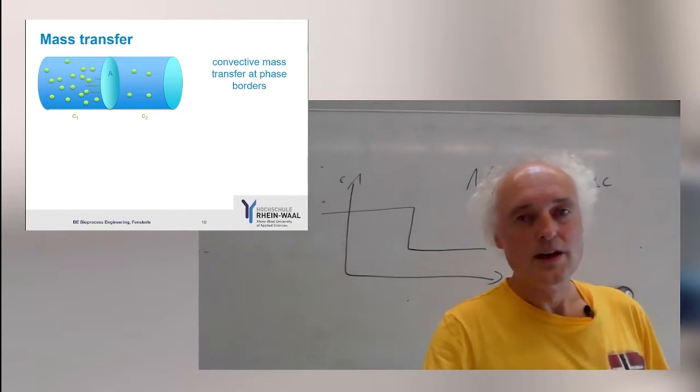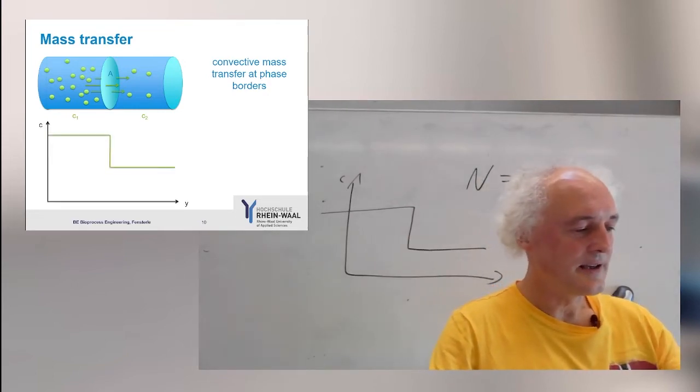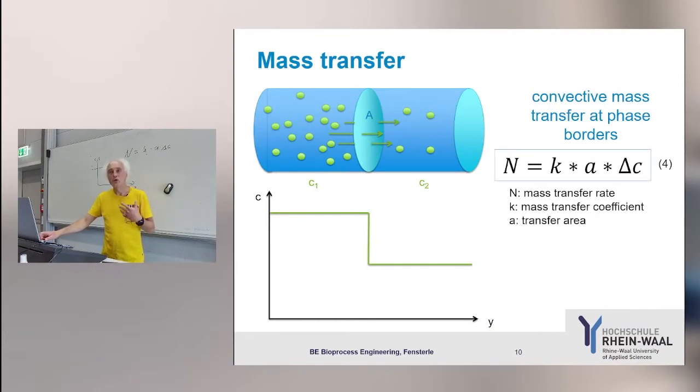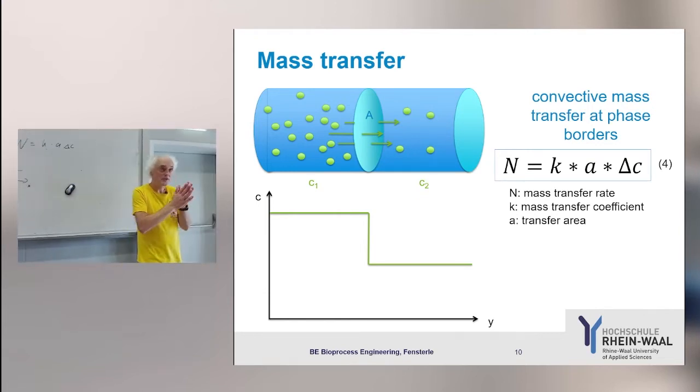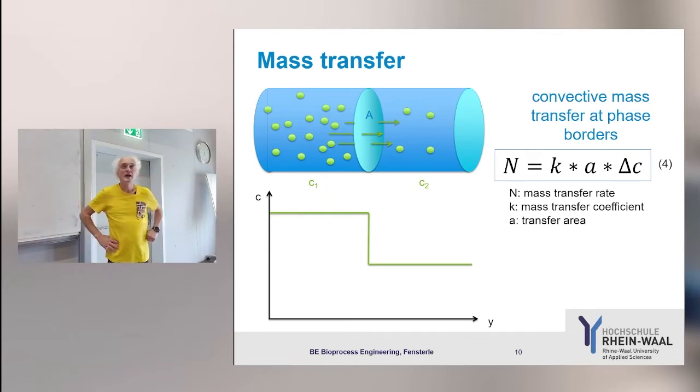The driving force is the concentration difference, and the area. The larger the area is, the more is being transferred. Of course, if you use a different material at the phase border, you could have a difference there. If you increase the temperature, this will also affect it.